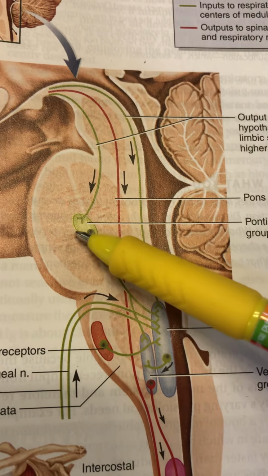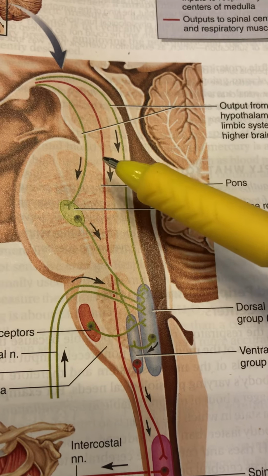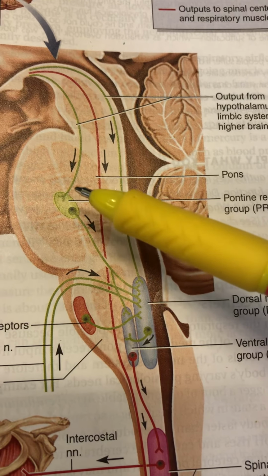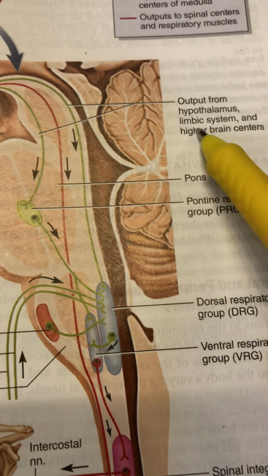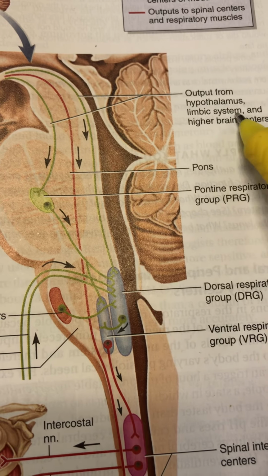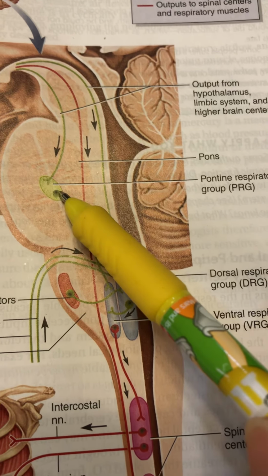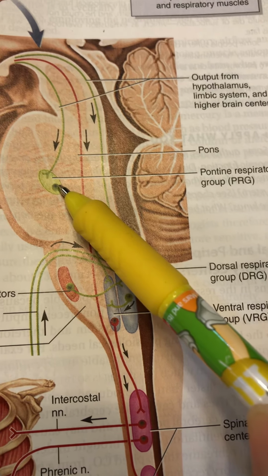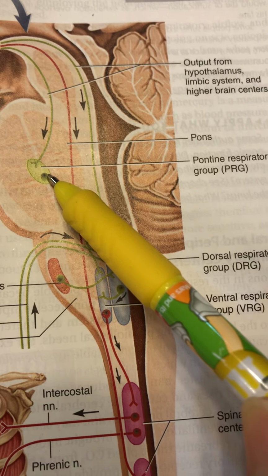Okay, so as you can see, this green line right here points to this, which means that the input is coming from the hypothalamus, limbic system, and higher brain centers. This is the pontine group right there. Okay.